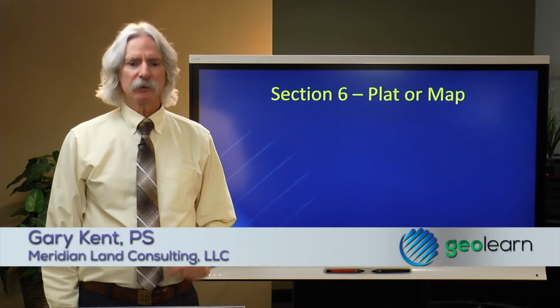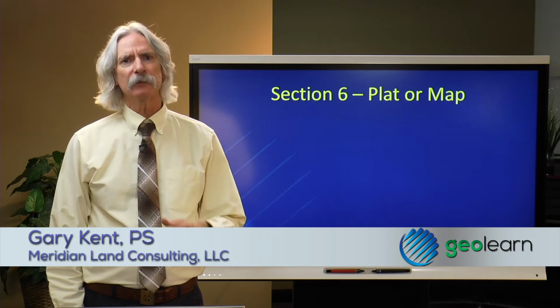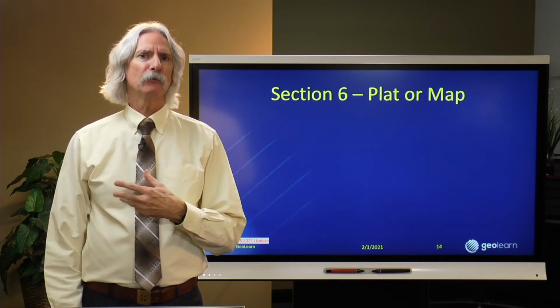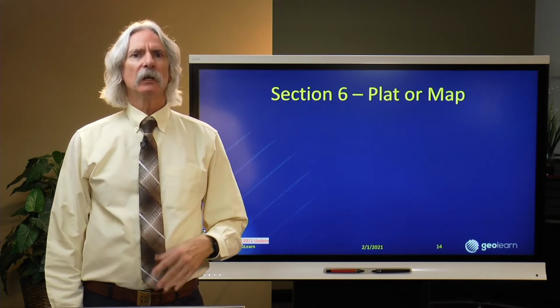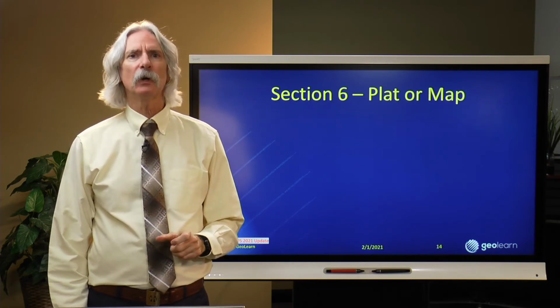On to section 6C and a new item 8. This is a new item, and it addresses something that's been a concern for a long, long time. I've had a lot of questions on it. When I do programs on the standards, I talk about this issue all the time.